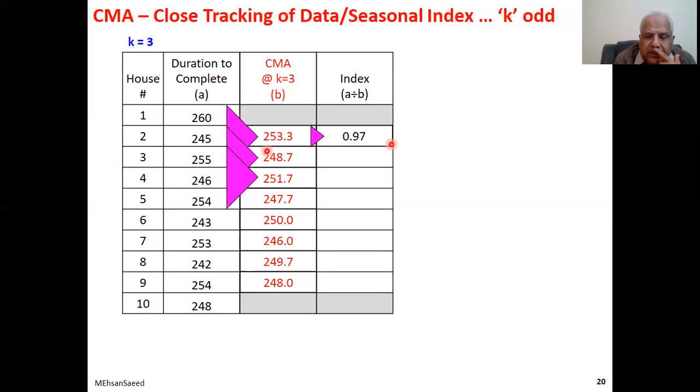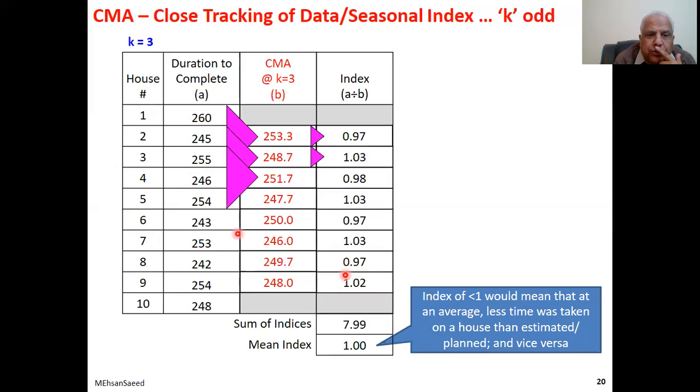This divided by this gives an index of 1.03. And we continue doing this. These are the individual indexes. We can take their mean. This is roughly equal to 8. So 8 divided by 8 is 1. At the moment, this example may not have been making much sense to you, but once I give you an actual example, it will become very clear.